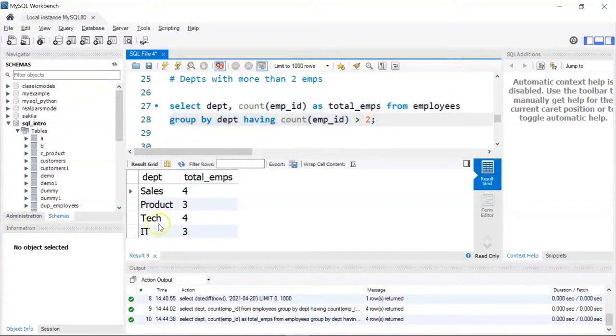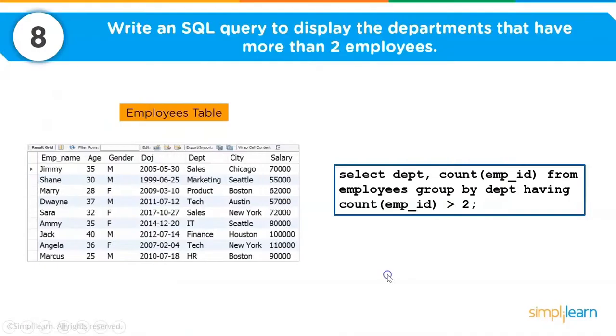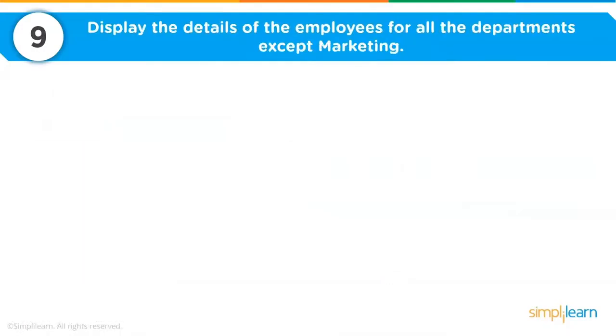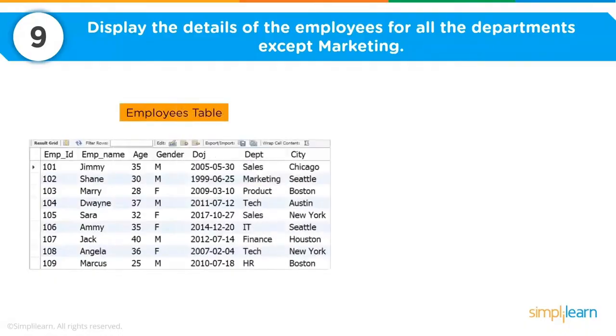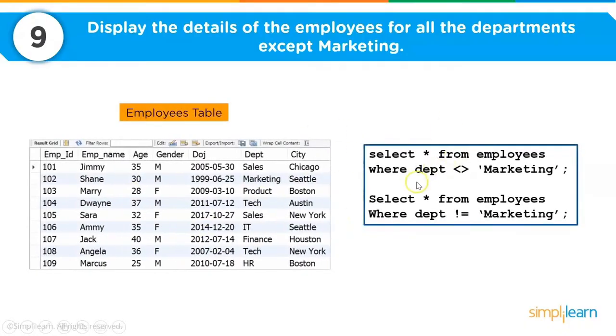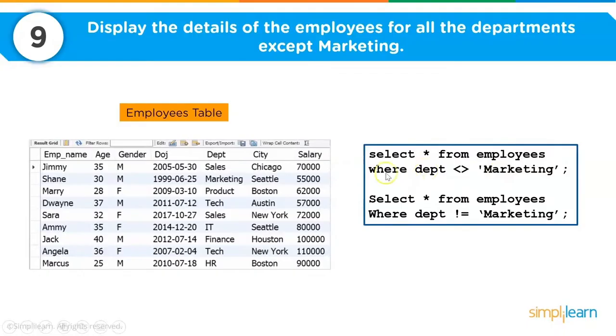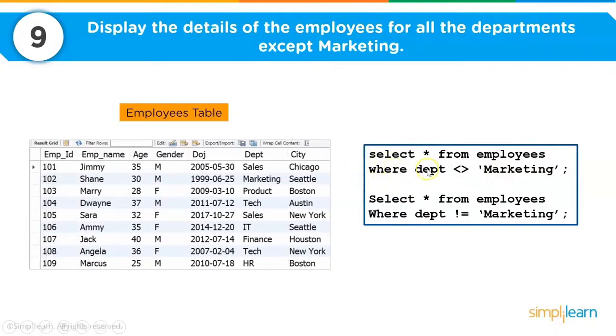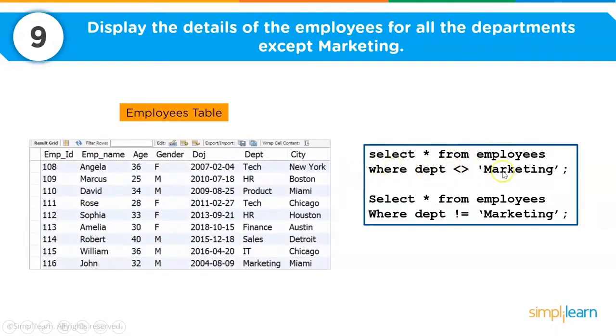Okay, so moving ahead, the 9th question, we want to display the details of the employees for all the departments except marketing. Now here I have my employees table. Now if I were to display all the details of the employees apart from marketing department, I can give a condition like where department not equal to marketing.